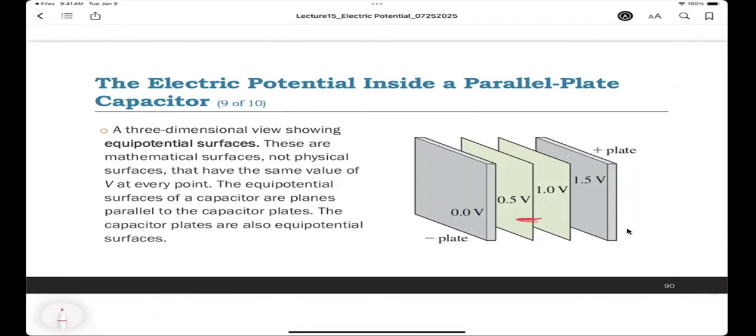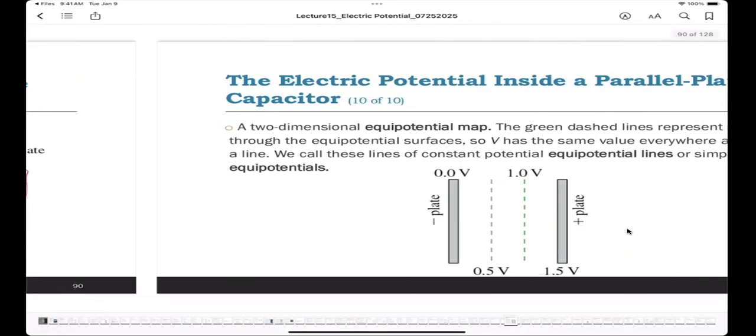It's just a mathematical surface that has the same value of voltage at every point on this surface, which means the voltage for every point is 0.5 volt. The equipotential surfaces of a capacitor are planes parallel to the capacitor plates. The capacitor plates are also equipotential surfaces. You can see this surface is 0 and this surface is 1.5 volt.